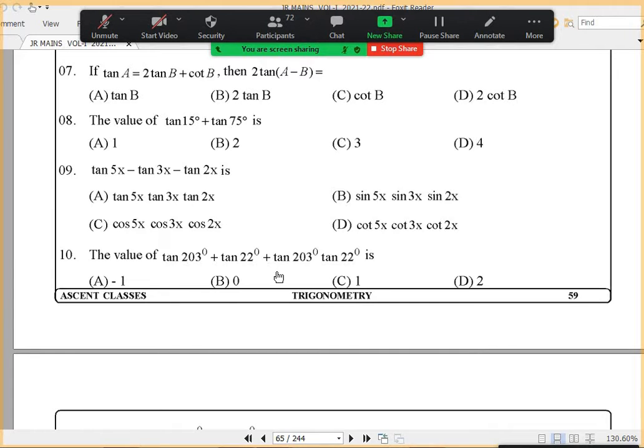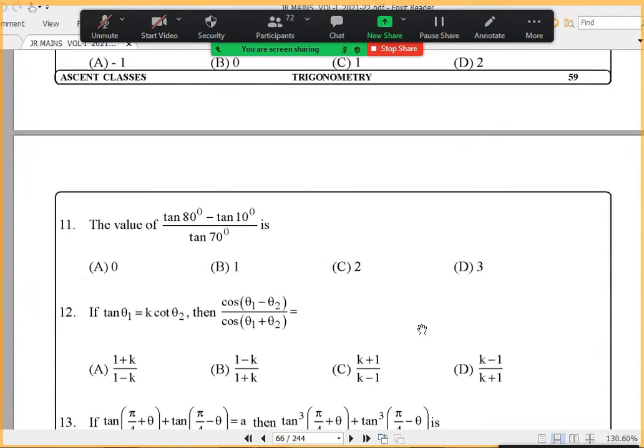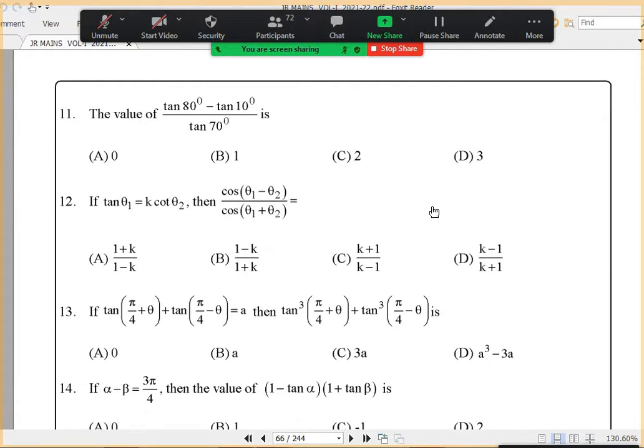Tan 225 degrees equals tan 45 degrees, the tan a plus b formula. Yes, 203 plus 22 is 225, which is 180 plus 45. Tan 180 plus theta is tan theta, so you get tan 45, which is 1. So directly take 203 plus 22 equal to 225, apply tan on both sides, you will get the answer. You don't have to start with the question.